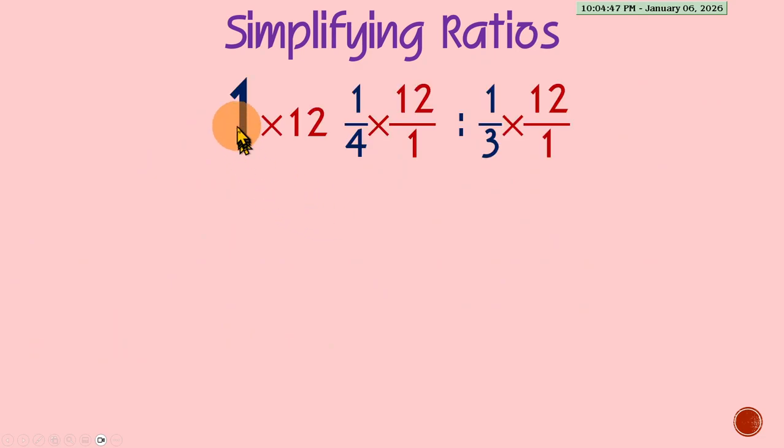So the 1, the whole number, being multiplied by 12 will give us 12. This portion here, 4 goes into 4 once, and 4 goes into 12 3 times. So the only thing I'm going to have left here is 1 times 3. So this is going to be 12 plus 3, when I take into consideration all of this was one number.